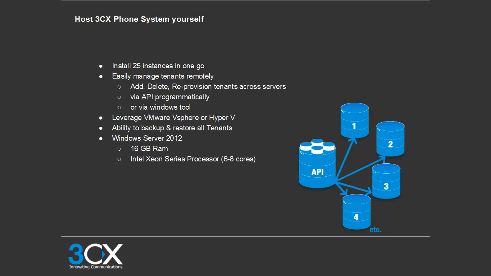You can virtualize it too on VMware or Hyper-V, and backup and restore can be done for all tenants. And as I was showing you in the previous slides, the footprint of the PBX is incredibly low. Only 16 gigabytes of RAM and 6 to 8 cores for 25 customers. And then you can move forward depending on the number of simultaneous calls that they need.